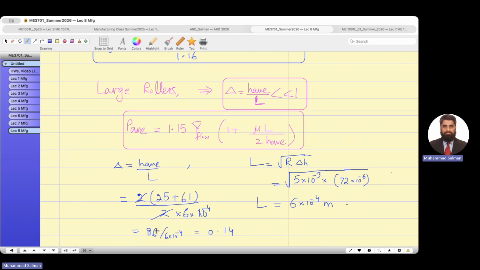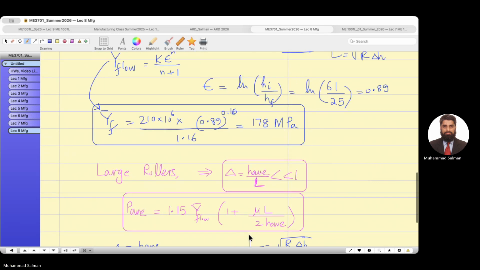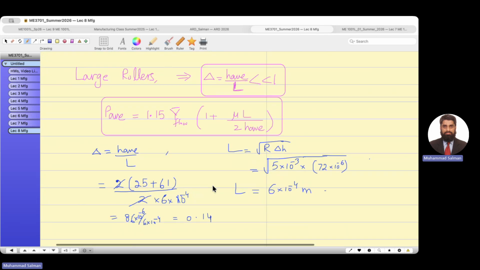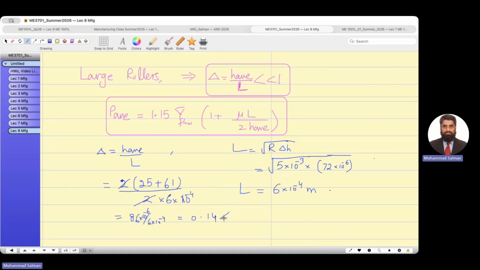This is micron. Sorry, you have to multiply by 10 to the power -6 because this is in microns. You understood that point? Since it is much smaller than 1, these are the large rollers.